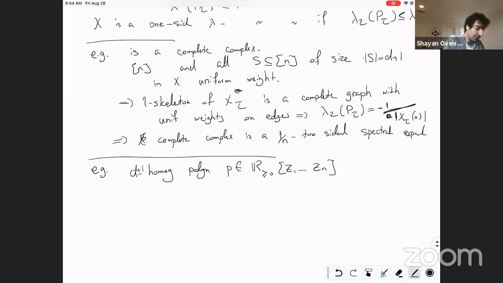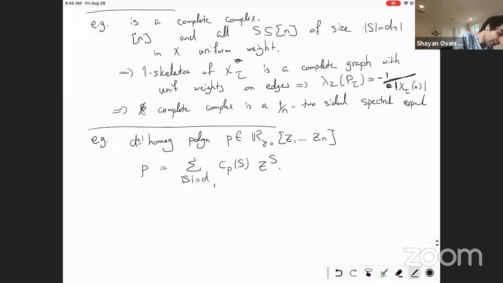Then you can construct, so let's write it this way. P is equal to the summation of, say, some sets of size d, with coefficient C_P of S, so the term is C_P of S times Z to the S. You can define a simplicial complex here. Let's define it X of P.